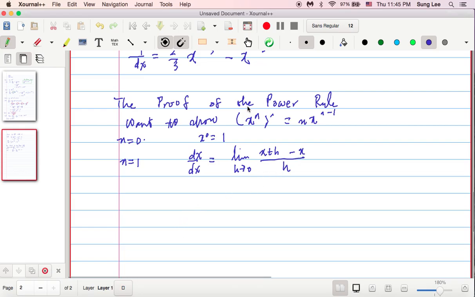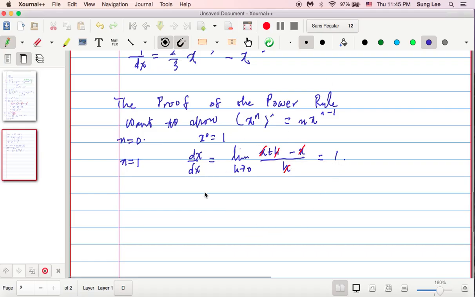Here x cancels out, so that leaves only h divided by h, that's going to be 1. So this overall limit is going to be 1. So we just showed that dx by dx is 1, right?